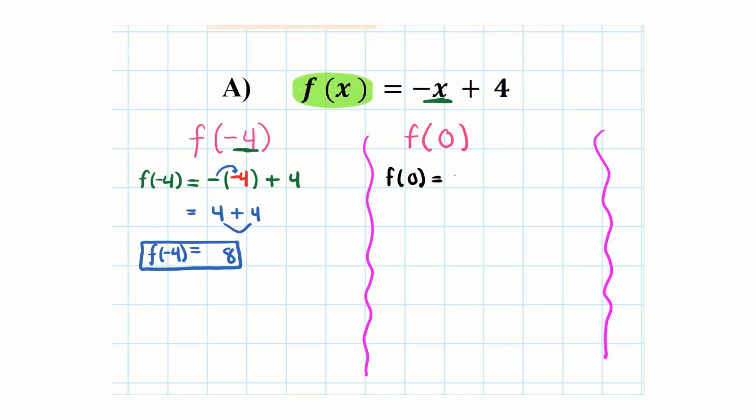And we're going to repeat the process for f of 0. Now 0 is going into my rule, and we're going to see what number comes out. Again, we would distribute the negative into the parentheses, but since 0 is neutral, it would just be 0 plus 4. Simplified, we get that f of 0 equals 4.